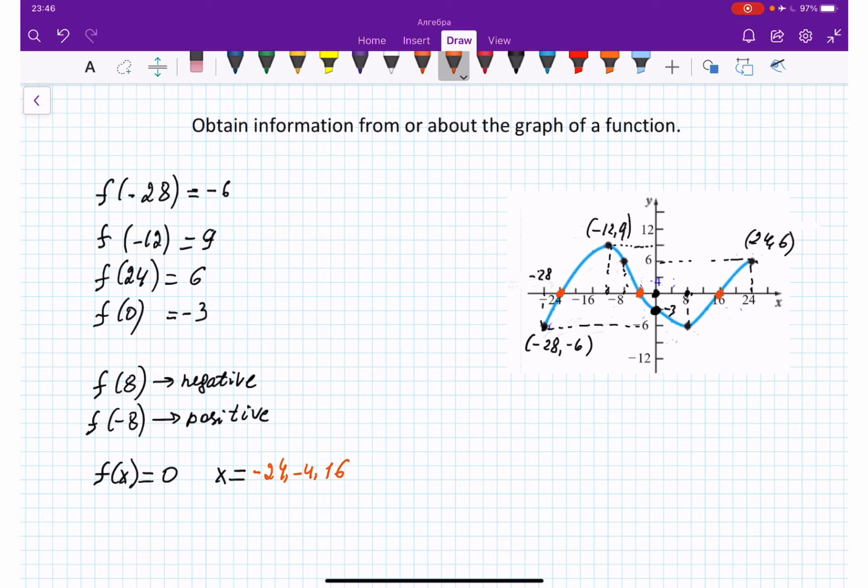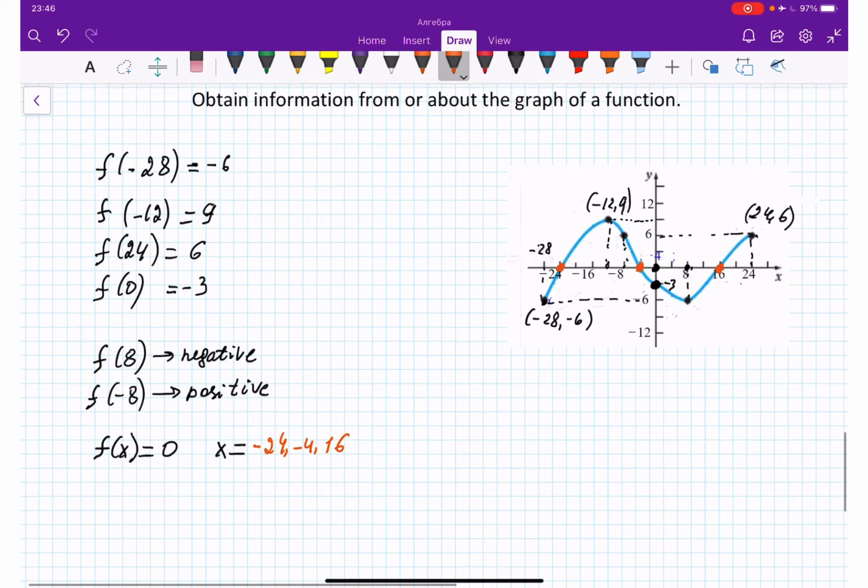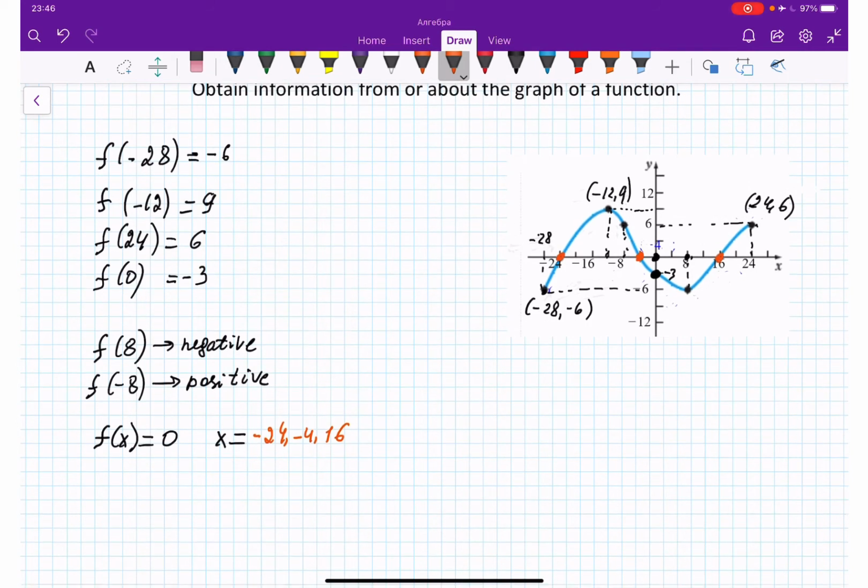Okay, next question. For what value of x, f of x is going to be greater than 0? All right, f of x greater than 0. For what value of x, f of x is going to be greater than 0? Well, let's see. When it's getting positive, this is the part where it's getting positive, right?